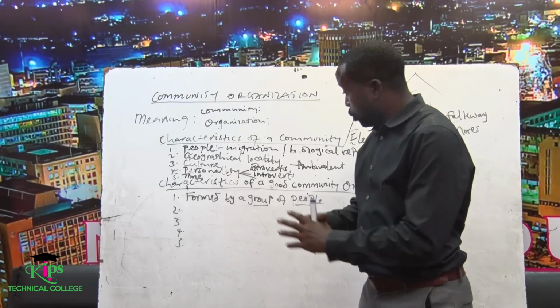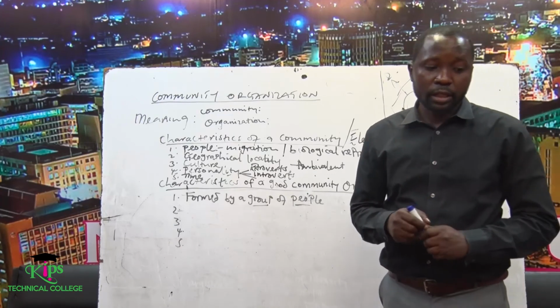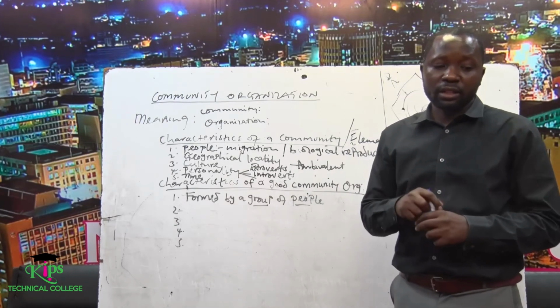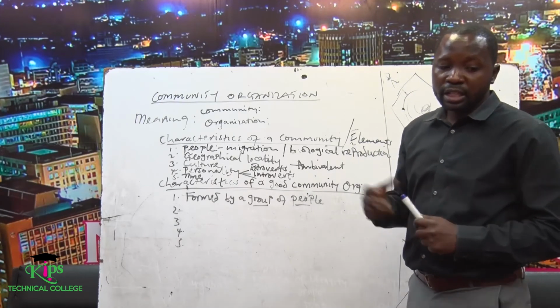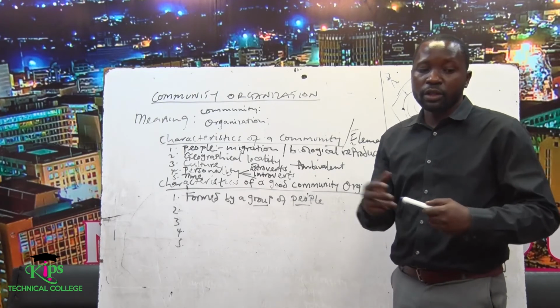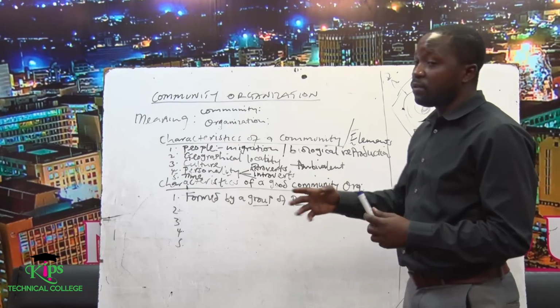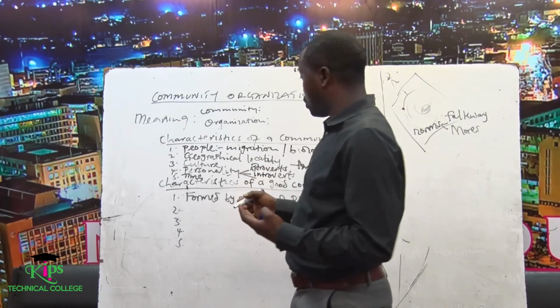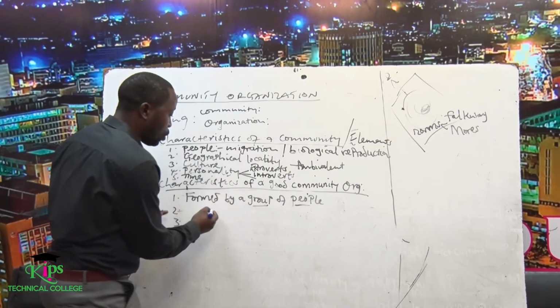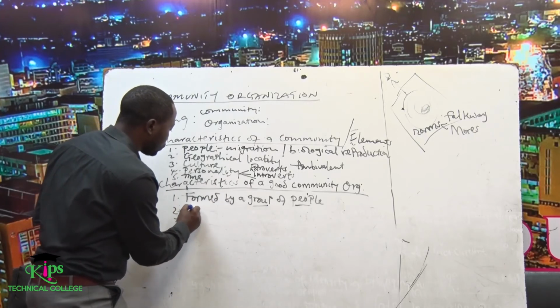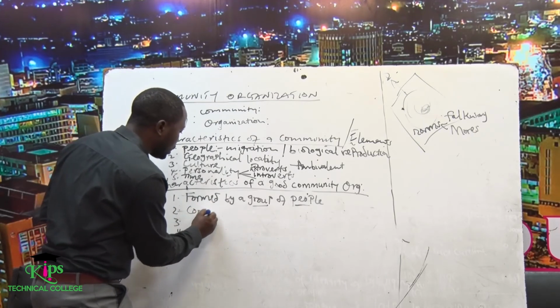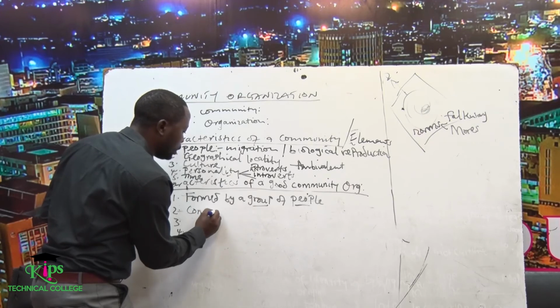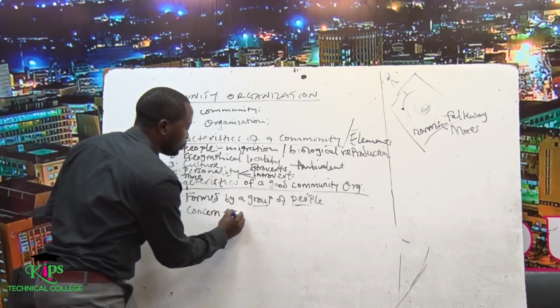So they are a group of people. Another one is that members have a high sense of social awareness, self-identity, and also genuine concern for the welfare of each other. So they have that sense of social awareness and they have a concern for each other. So the key word there is members have a concern for each other.